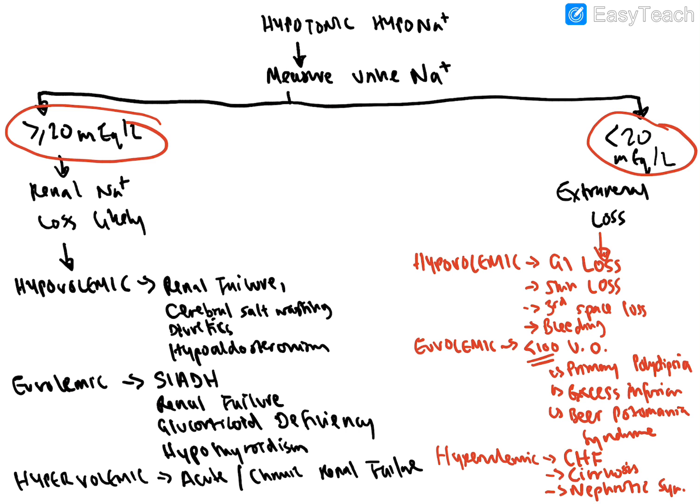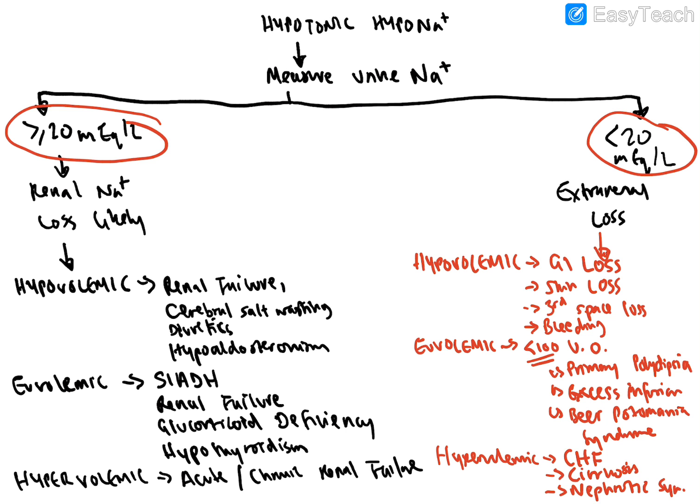So just to recap, if a patient is presenting with hyponatremia, the next best step is to check their serum osmolality. The normal serum osmolality is between 275 to 295 milliosmoles per kg H2O. Once we measure the serum osmolality, we can classify it into three different areas: less than 280, between 280 to 295, and above 295.